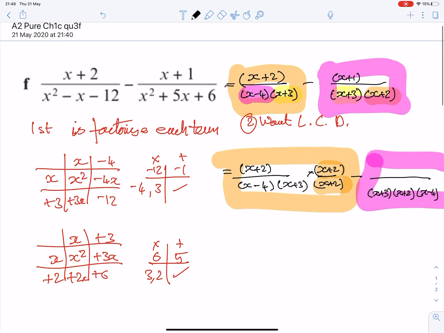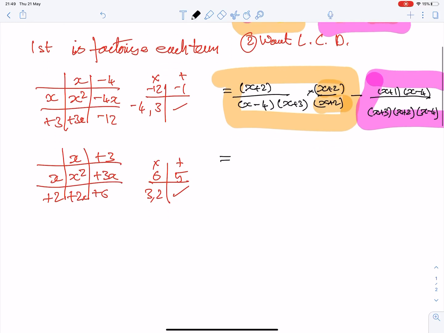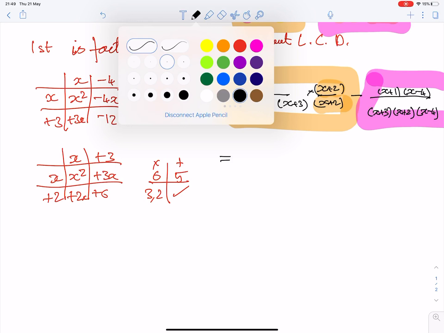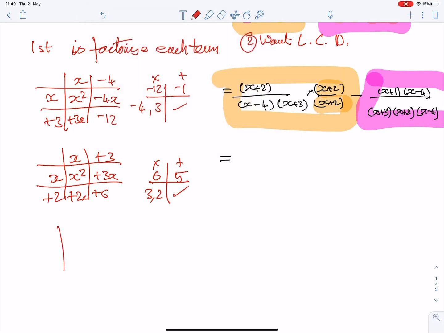So we get x plus 1 times by x minus 4. Okay, now we need to tidy that up. So if in any doubt with the multiplications, use your grid again. So we get x plus 2 times x plus 2 is x squared plus 2x plus 2x plus 4.